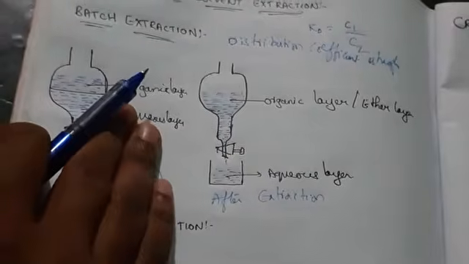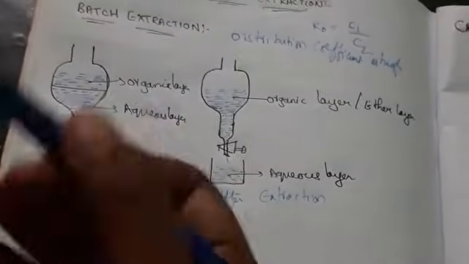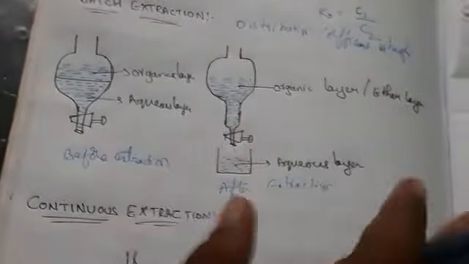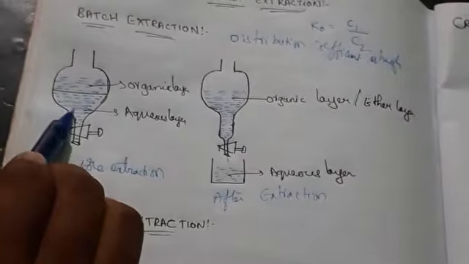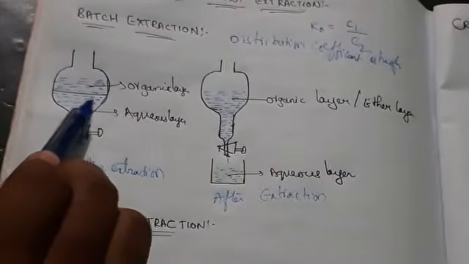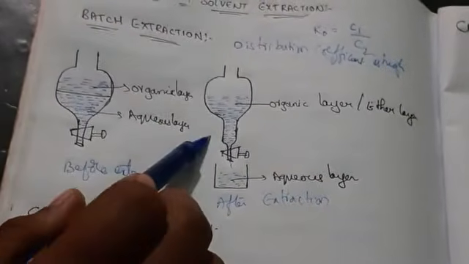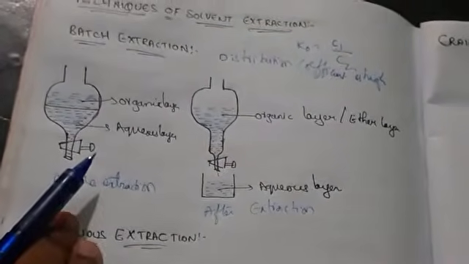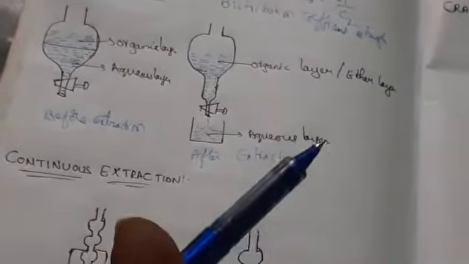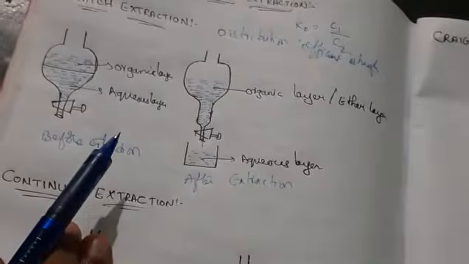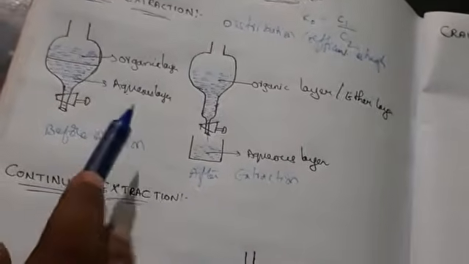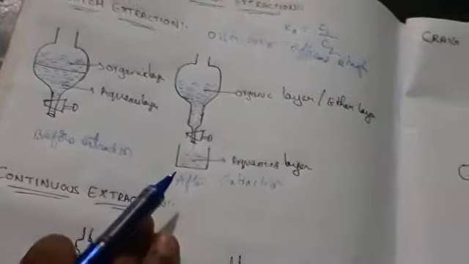After adding ether, you have to shake well. When you shake well, two layers are formed: one is the aqueous layer, another is the organic layer. After shaking, you have to keep this funnel for 5 to 10 minutes in a standing position, because the two layers will get separated.